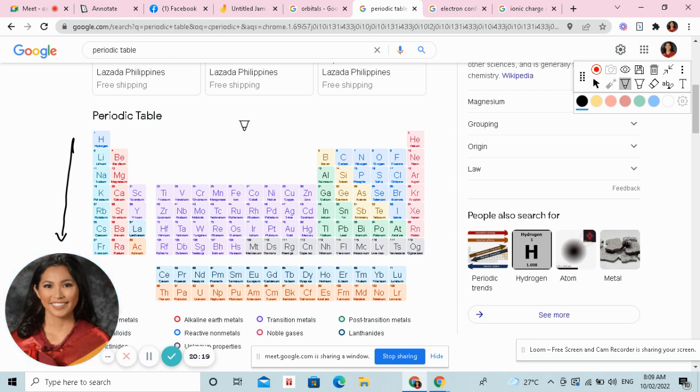Those that are nonmetals or metals? We know the trend for ionization energy. As we go across, ionization energy increases. Ionization energy is the energy required to remove an electron.